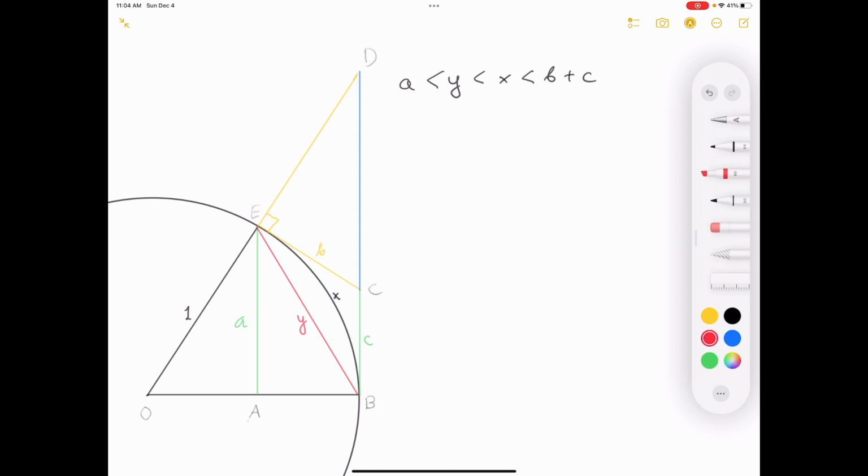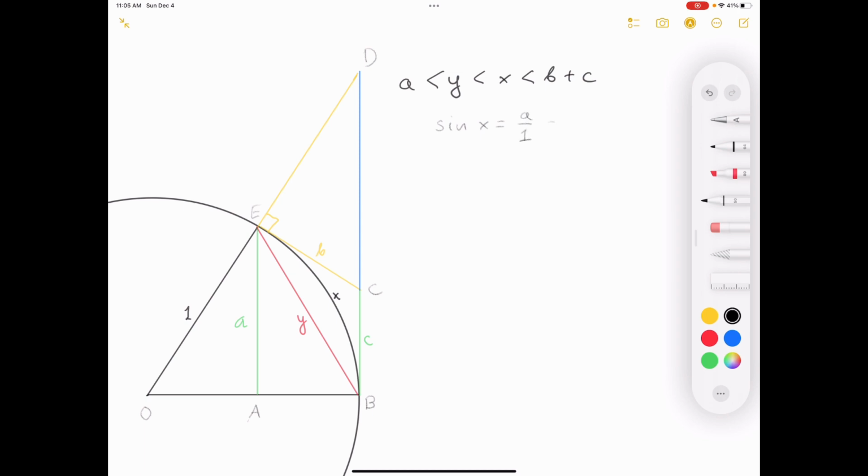But if we now consider this triangle here, this is also a right triangle. And in fact, the angle right here has the same measure as x. And if we want to compute the sine of this angle, then we see that sine of x is equal to a divided by 1.